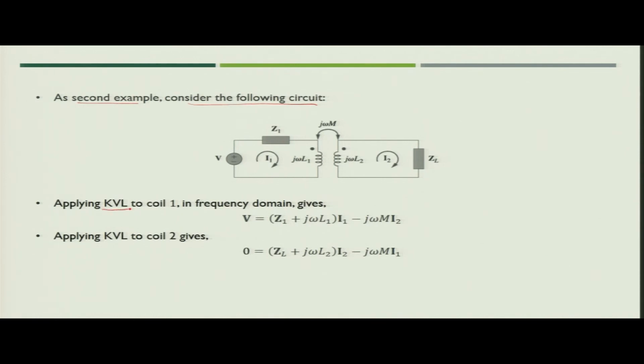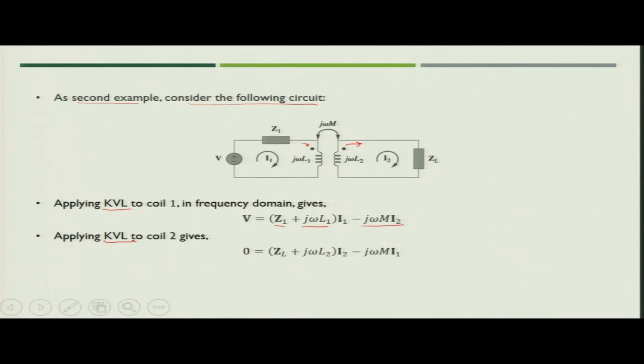Now, let us apply KVL to coil 1. For coil 1 it is (Z1 plus j omega L1) into I1. Here the mutual voltage is negative, so you will write minus j omega M I2, because I1 is going inside the dot and I2 is coming outside the dot, and if it is positive then the mutual voltage will be negative. So, we write V is equal to (Z1 plus j omega L1) into I1 minus j omega M I2.